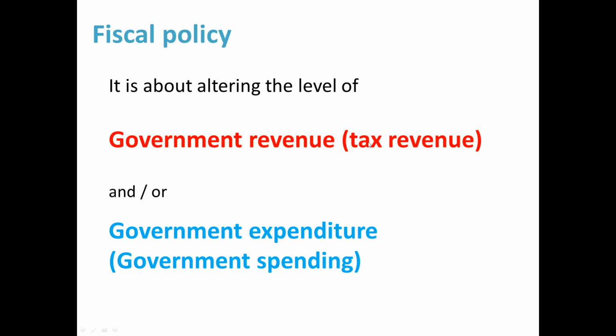In our curriculum, when we talk about government revenue, we always talk about tax revenue. But in reality, there are many more types of government revenue that you can receive from different areas. Here we always focus on taxes.